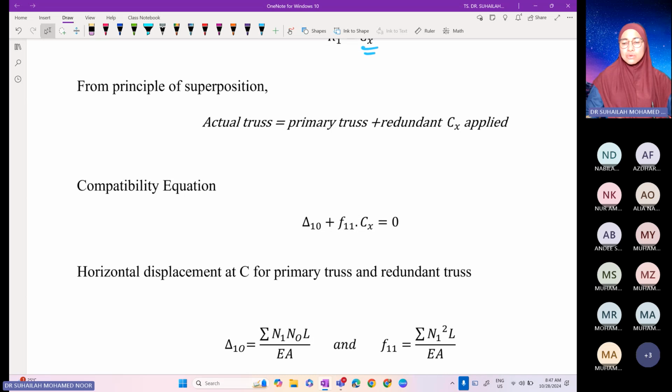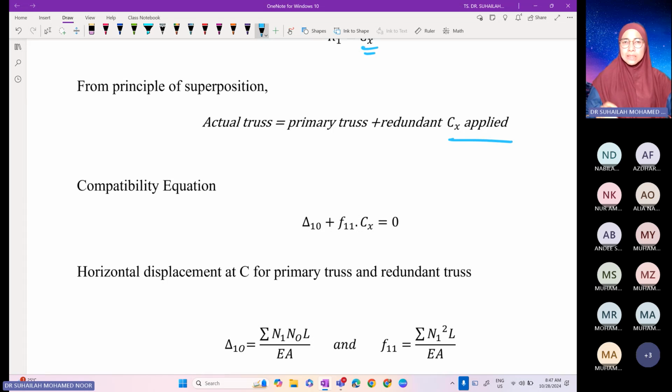Actual thrust is equal to primary thrust plus redundant CX applied. Redundant CX applied is redundant thrust. Okay, we remove the CX and we put it back into the system as an applied load. So that is why it is called redundant CX applied.